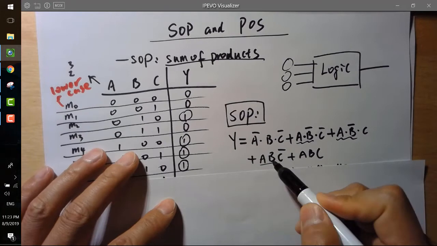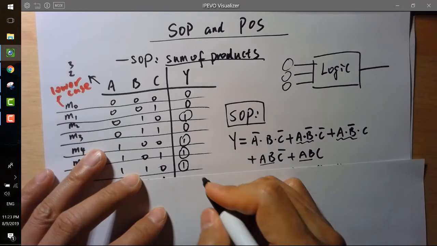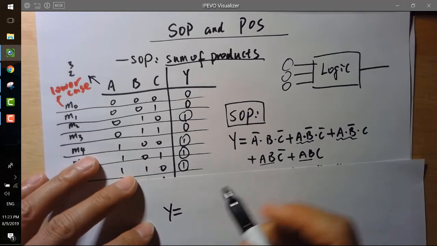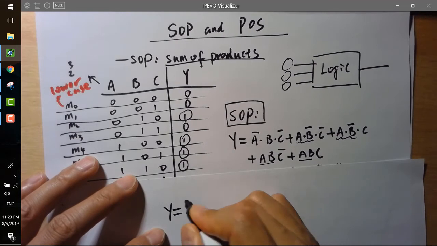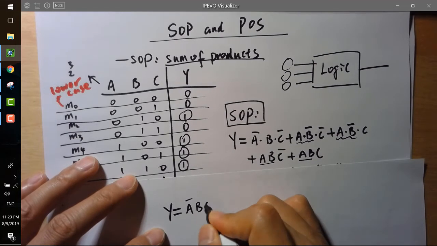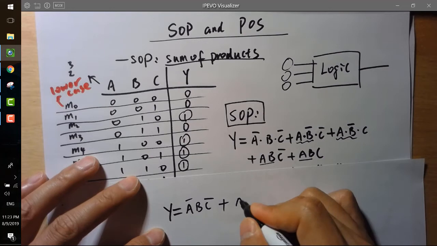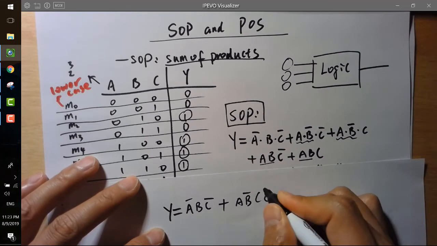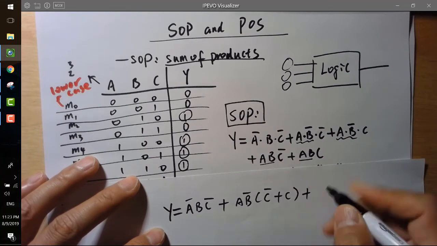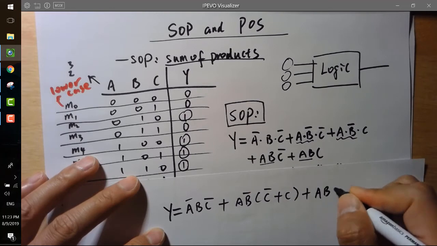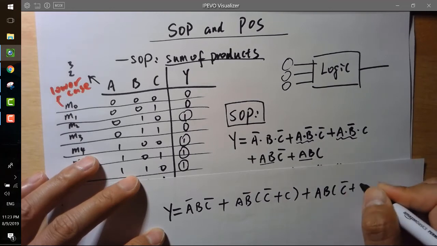And here, same thing, there are common terms. So Y equals A naught, keep the first one the same, and take out A naught B naught, and C naught or C. And here, take A B out, and C naught or C.